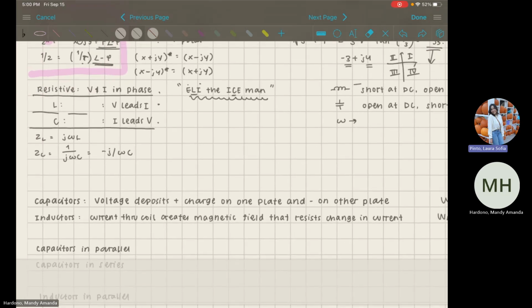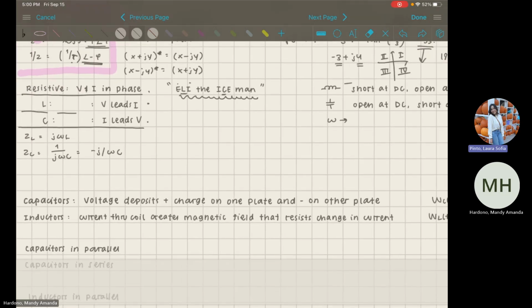So that's just kind of an intro. Right here I go into what capacitors and inductors are. In capacitors, you have two plates separated by a dielectric, and whenever a voltage is supplied, it deposits a positive charge on one plate and a negative charge of the same magnitude on the other plate.